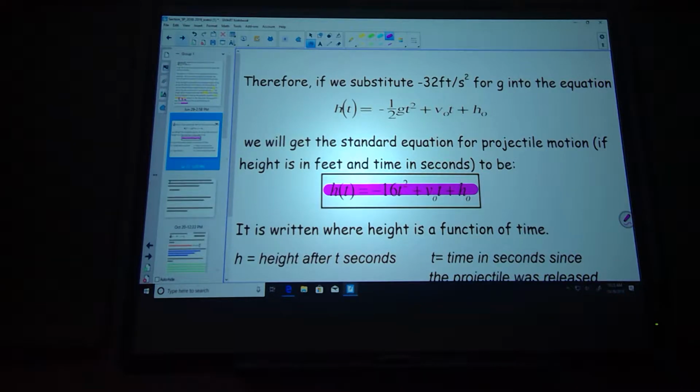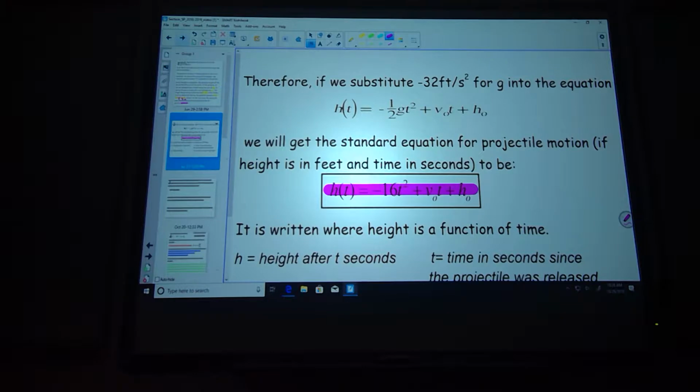Okay, so all they did for the one that I highlighted in purple is I plugged in 32 feet per second squared for g, which is acceleration of gravity, which then you go negative 1/2 times 32, and you come up with negative 16. Is that okay? Yeah. So that purple equation is basically what we're going to start focusing on.